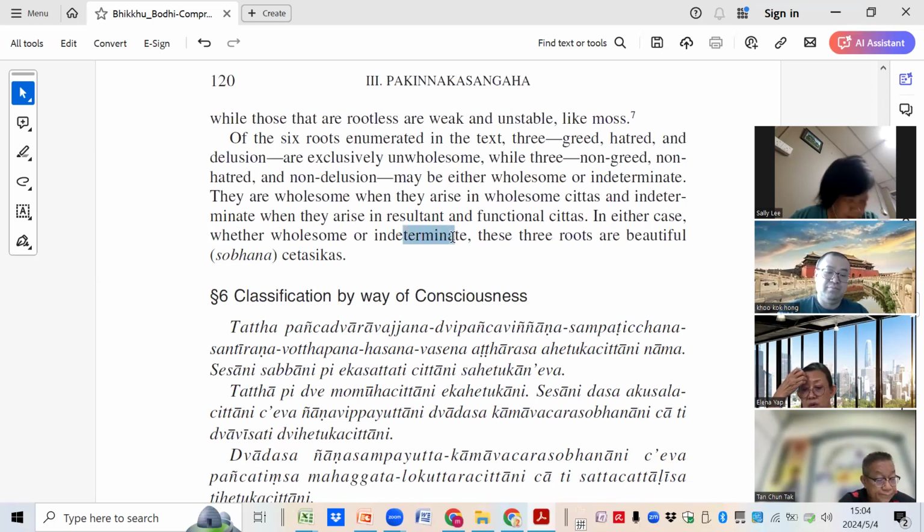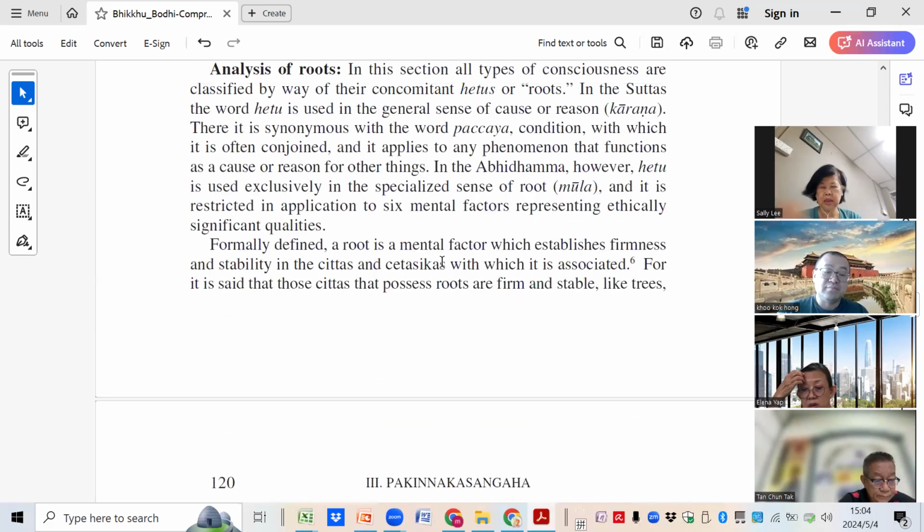Yes, indeterminate lah. Okay, yes, thank you.